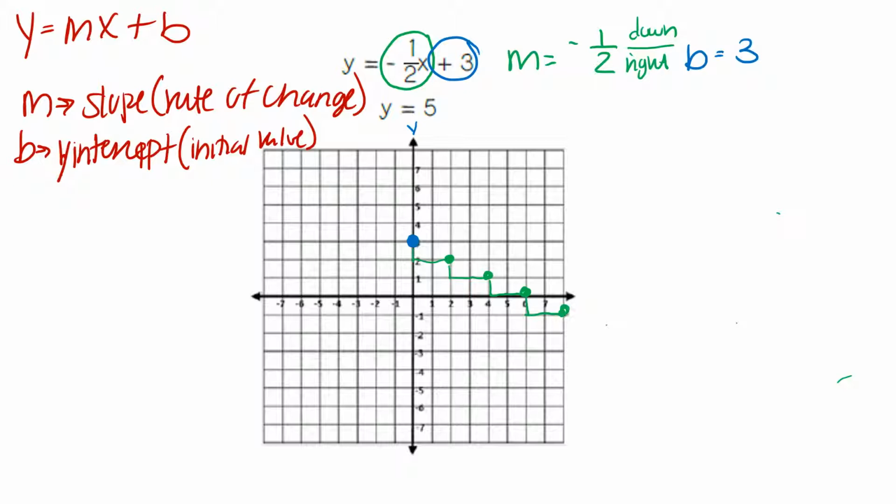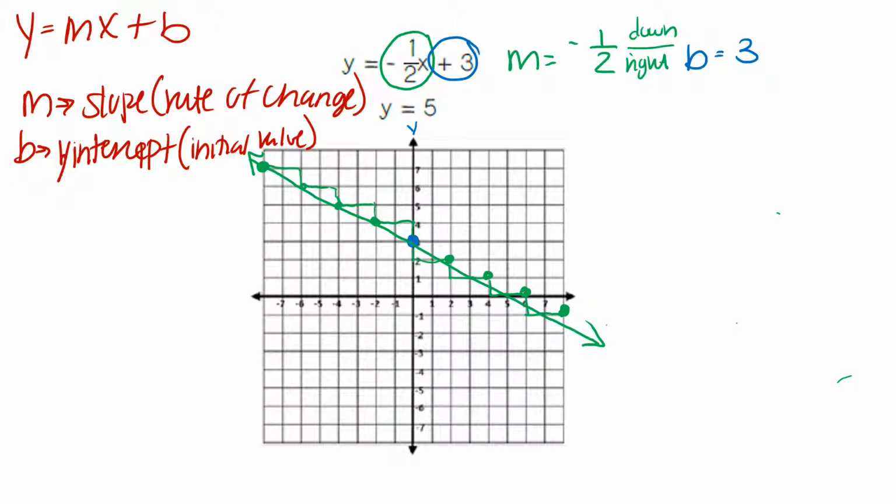Once you get to the edge, then we go the opposite direction. We start back at 3, we go up 1 and over 2, continuing our pattern and following our line. Once our line goes all the way across the graph, we can go ahead and connect our dots.